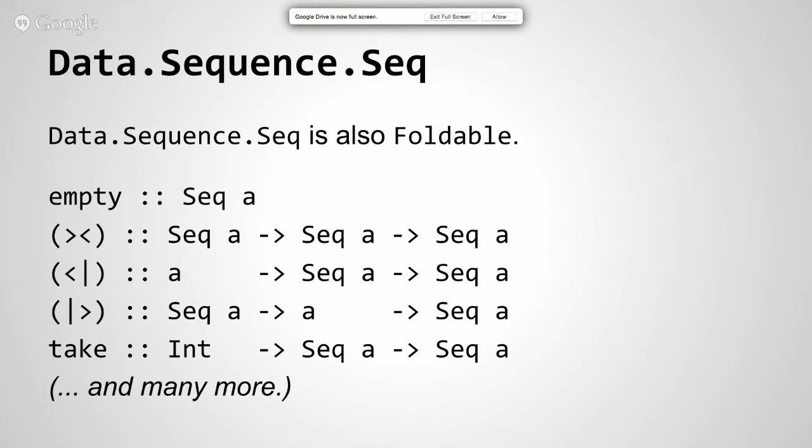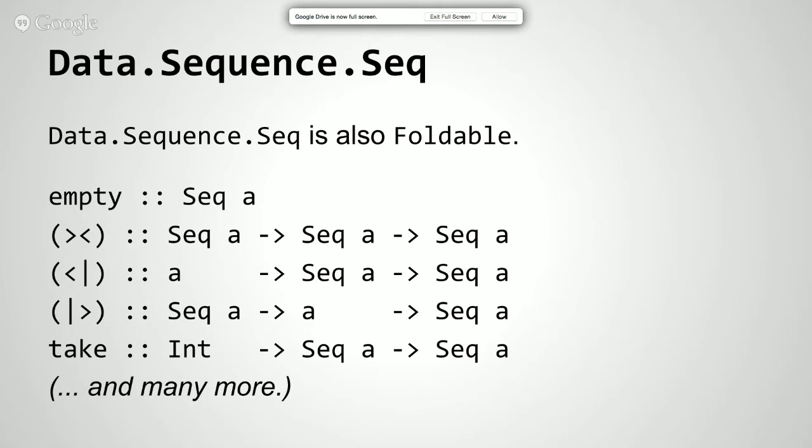Another Foldable is Data.Sequence.Seq, which is like Clojure's vector type, which is a little bit misleading insofar as it's not a linear algebra vector. It's a linear collection designed to be finite, but it's much faster on many operations than a list.